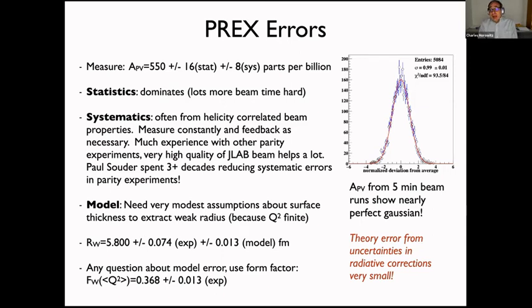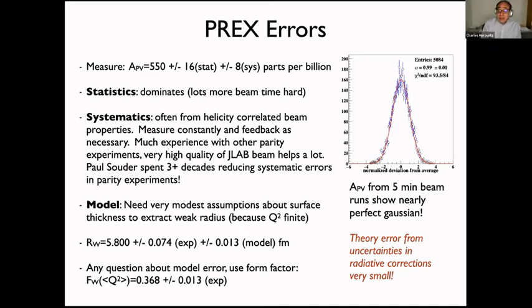Many of the systematic errors come from helicity correlated beam properties. So when you flip the spin of the electrons, any change in beam properties, such as the position of the beam, the average energy, the intensity of the beam, if anything depends even slightly on the spin of the electron, then that can introduce a systematic error.